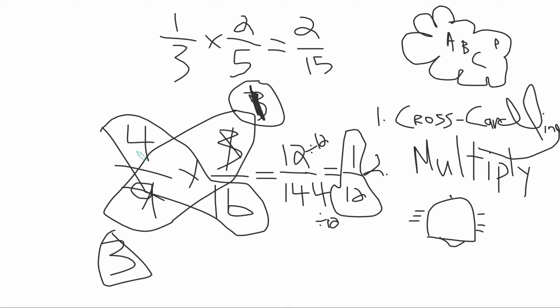Circle that. And what goes into 16 and 4 evenly? If any integer. Yep, 4. So 4 divided by 4 is 1. 16 divided by 4 is 4. The reason why I circle them is because then it makes it super easy to know that you're multiplying.